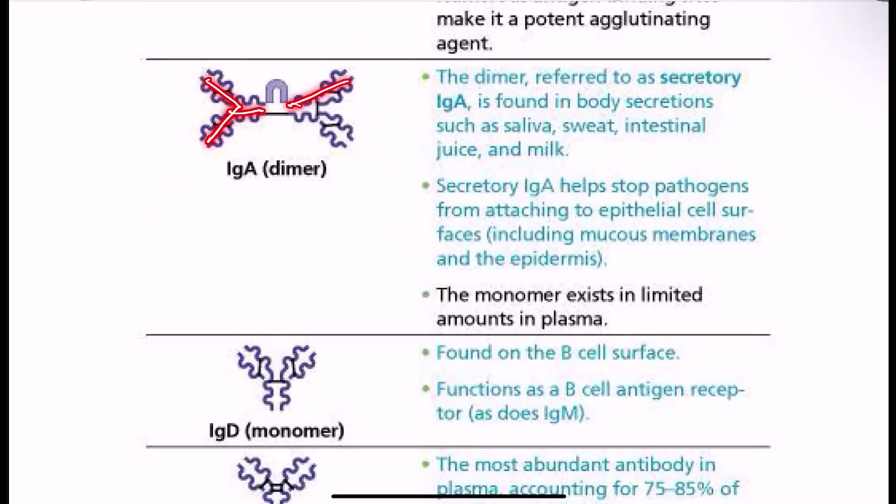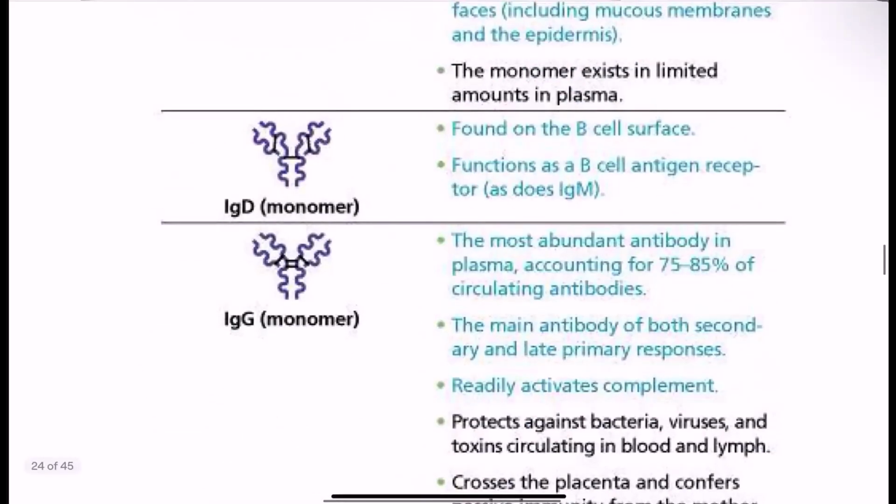So it's called a dimer, which means two things together. And these guys help pathogens not bind to things on the epithelium like mucous membranes. Then there's IgDs, again, immunoglobulin D. These are found on the surface of the B cells. These are the B cell receptors. And this is where that antigen would bind.